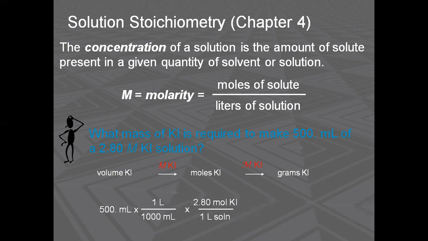Then moles is 2.8 divided by 1, that is the molarity, and in grams it should be 166 grams of potassium iodide per mole, so for 2.8 molar it should be 232 grams of potassium iodide.